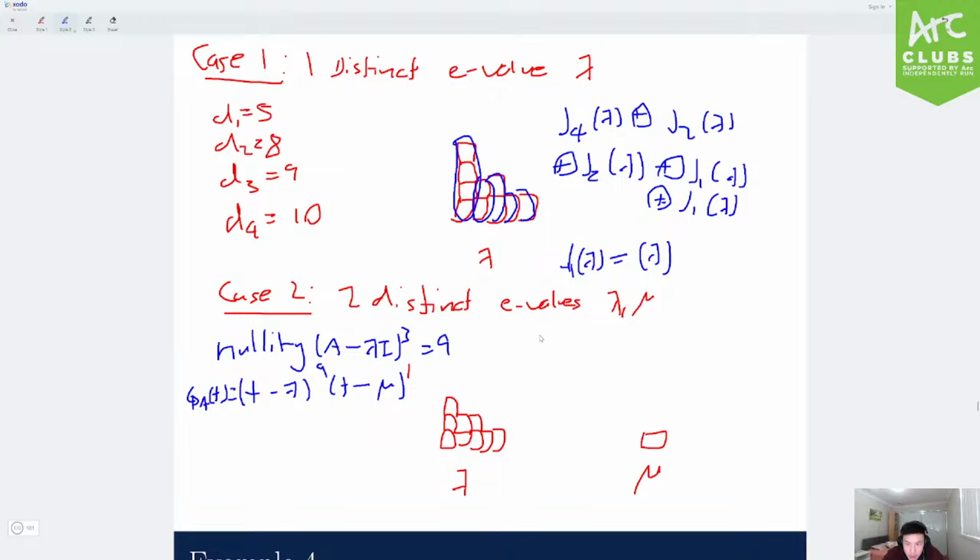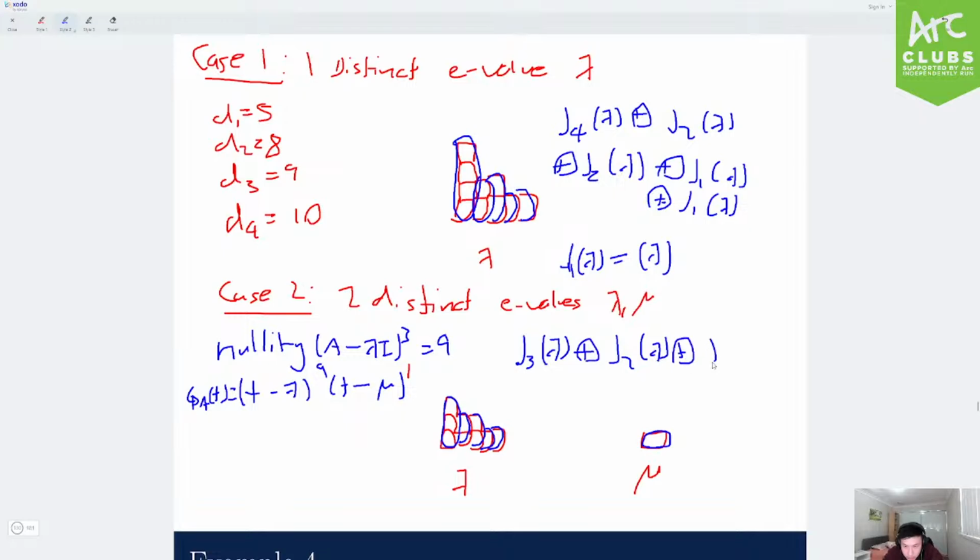For case 2, where we have two distinct eigenvalues, again we consider the Jordan chains. There's a chain here, here, here, here, here, and this is your last chain for mu. Your first chain is length 3 for lambda, so we write J3 of lambda. The second chain is length 2, also for lambda.